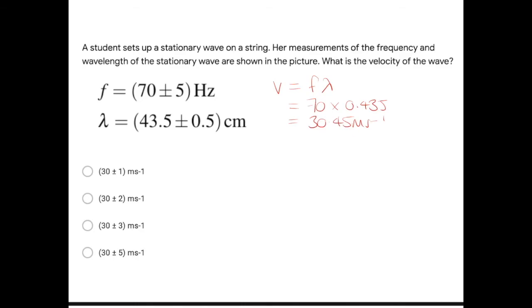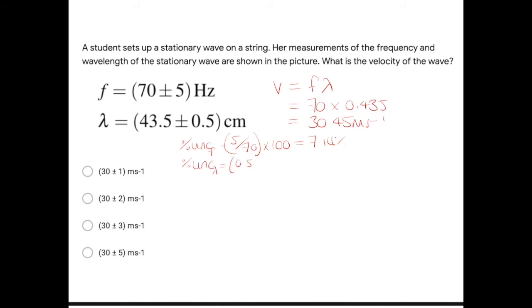So once again now, because we are multiplying or dividing to get to our answer for V, we have to work out the individual percentage uncertainties. So the percentage uncertainty in F is our absolute divided by our value times by 100, which gives us a percentage uncertainty of 7.14%.